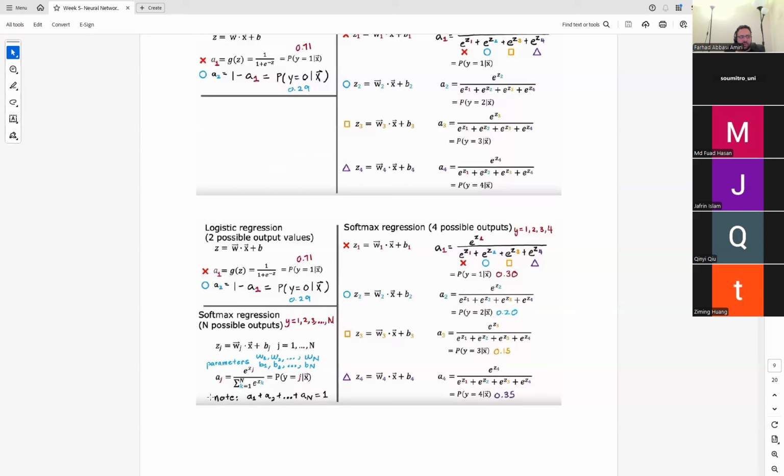And then note, a1 plus a2 plus a3 plus a4 up to a subscript n must be equal to 1.